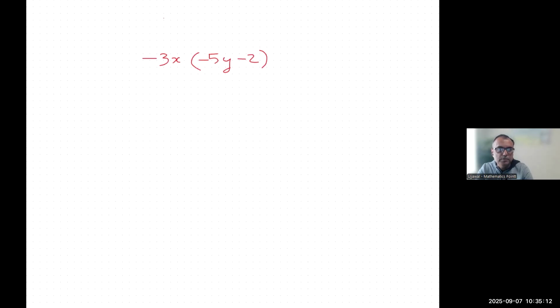Good. What we are doing here is, the answer is the same, but the technique is slightly different.